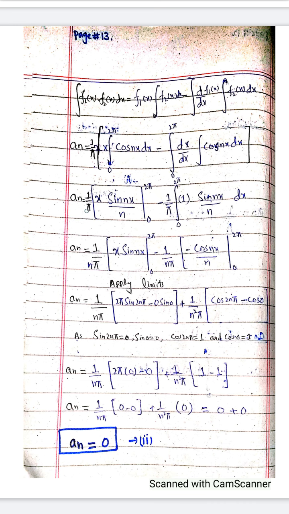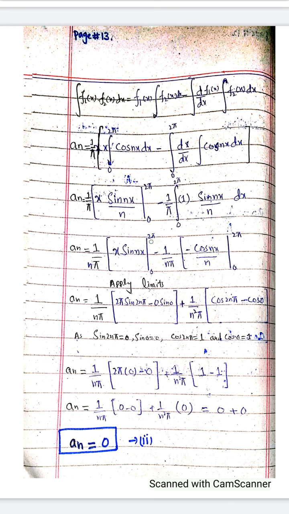Now multiply this pi with n, so 1 over n pi, x sin nx, limit 0 to 2 pi, minus 1 over n pi times the integral of sin nx with respect to x. The integration of sin nx is minus cos nx divided by n. So apply the limits, so a n is equal to 1 over n pi.